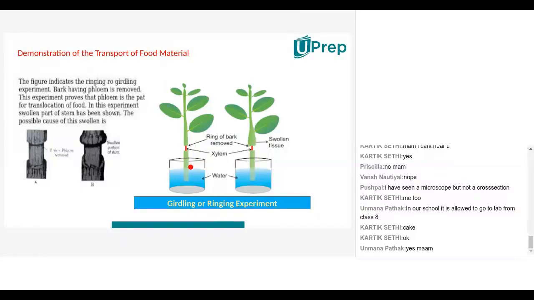This is something which can be done at home. So leave it in water. After a few days, a week, what will you observe? You will observe that the upper portion of the stem has got a little swollen, right? Though nothing much has changed, the upper portion of the stem has got a little swollen. Why has it got swollen?